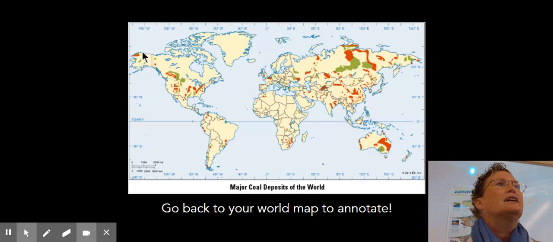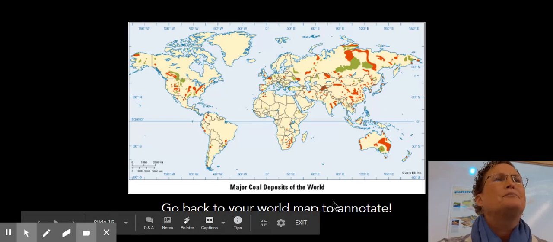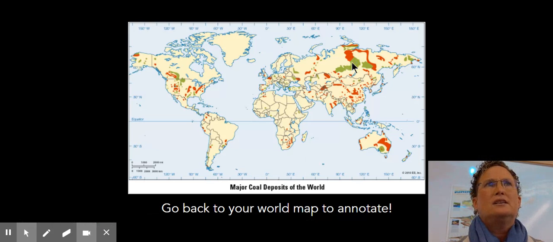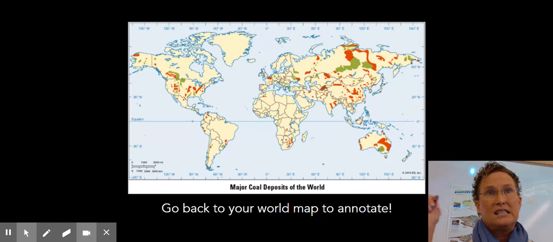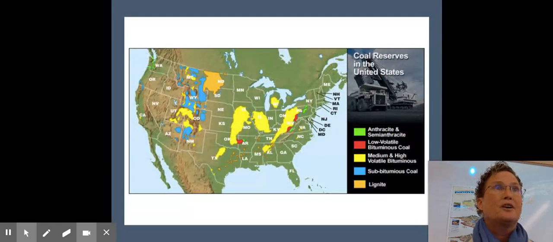And you can be like, okay, there's some coal here, there's some coal here, and here and here. I'm pretty sure that the orange is bituminous and then the green is anthracite. I'm not 100% sure though. And so you can see that it's not all over the United States, right? So you'll pause on that and just sketch in where there's coal in the world on your map.